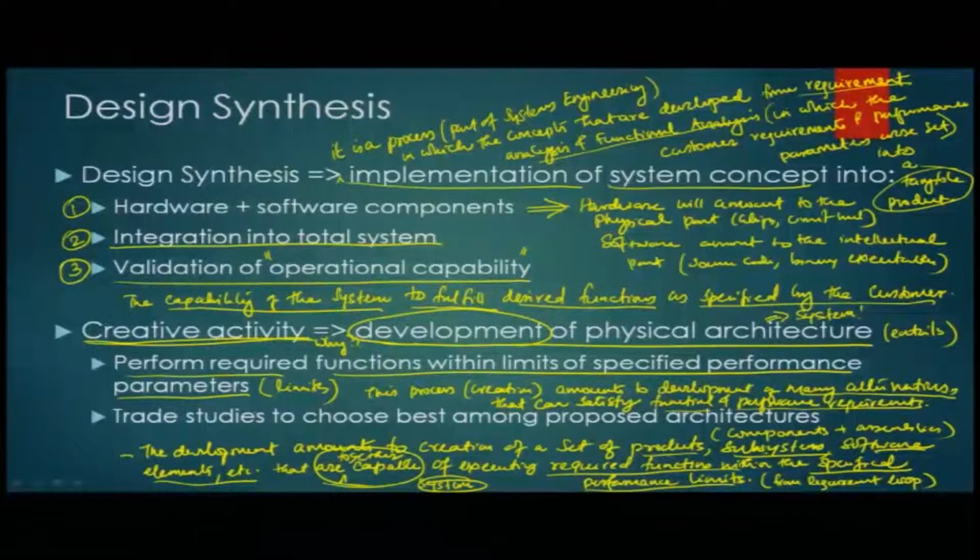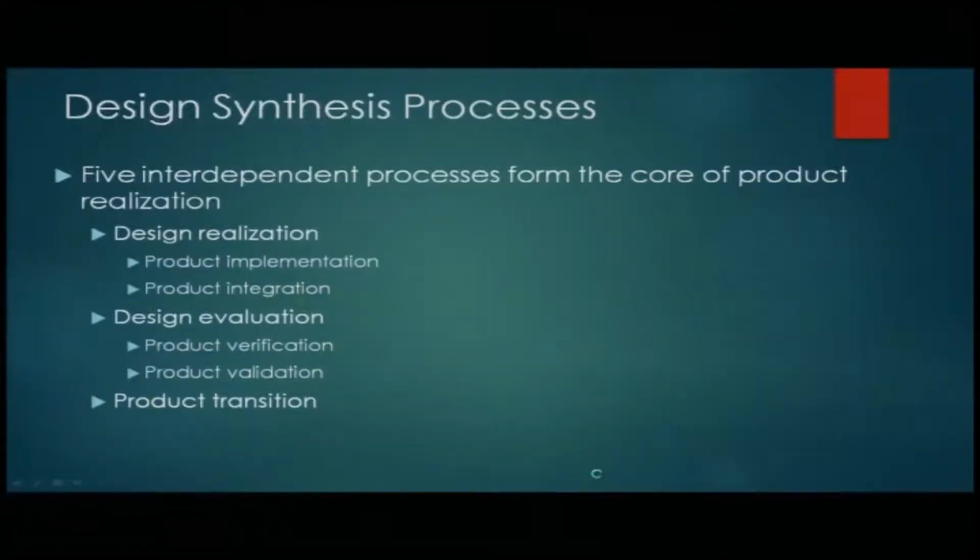Then you need to do trade studies. So, the creative activity or the design synthesis also includes the trade study to choose the best among the proposed architectures. There was a question by some students on what is a trade study.